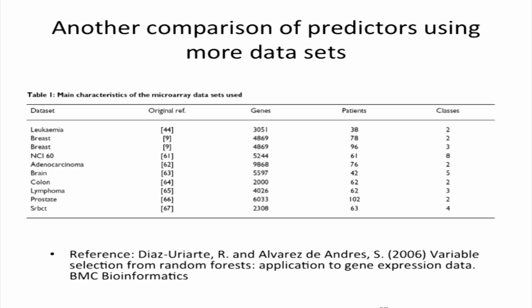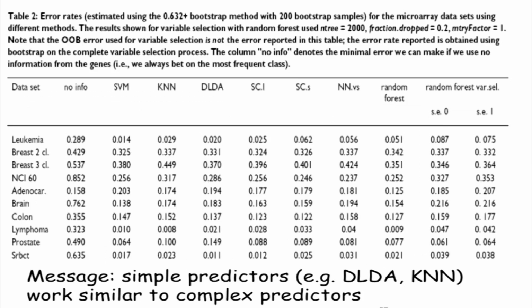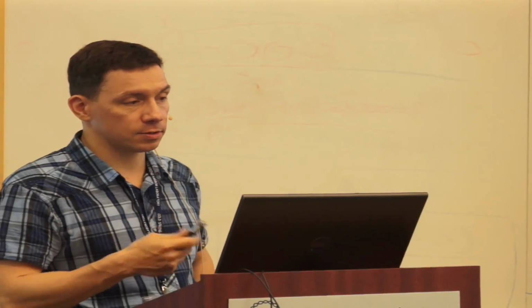A method I didn't talk about is shrunken centroid predictors, as well as neural networks and the random forest. And when we looked at these error rates, we learned that often these simple predictors, DLDA and KNN, work similar to complex predictors. What is a complex predictor? The random forest would be a very complex predictor because it's an ensemble predictor.